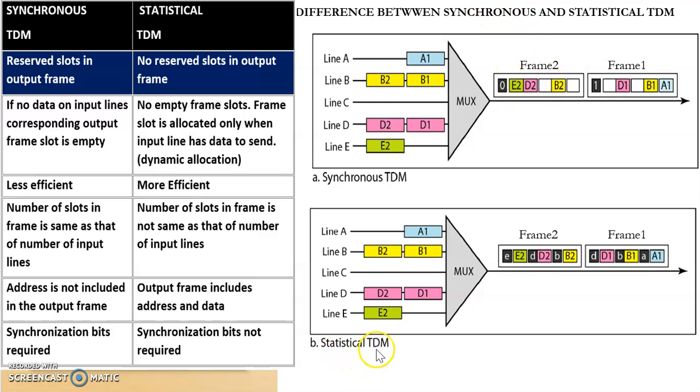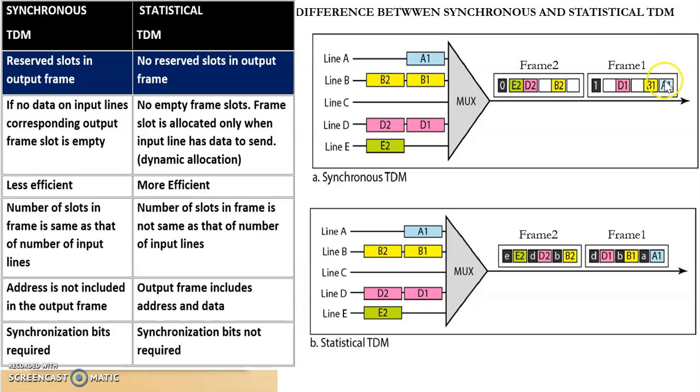And in statistical time division multiplexing also, for the first time duration, these data units are sent as frame 1 and for the second time duration, these data units are sent as frame 2. But in synchronous time division multiplexing, for each input line, the slots will be reserved in the output frame.